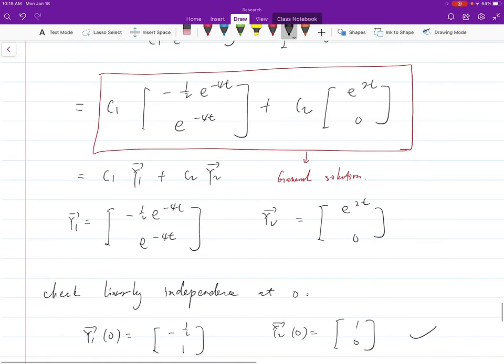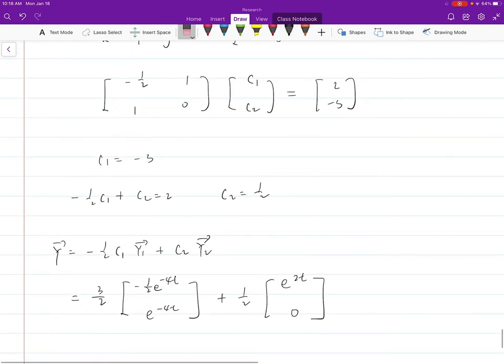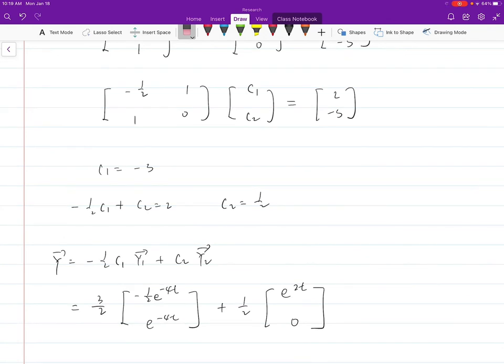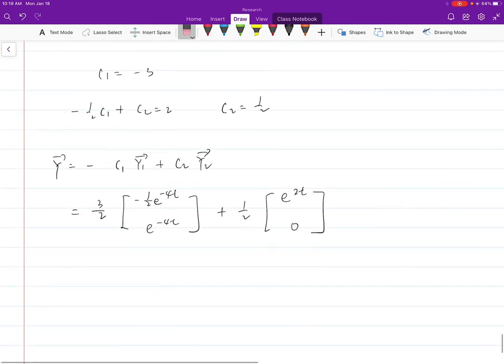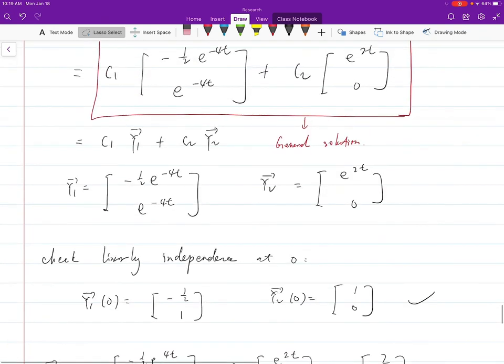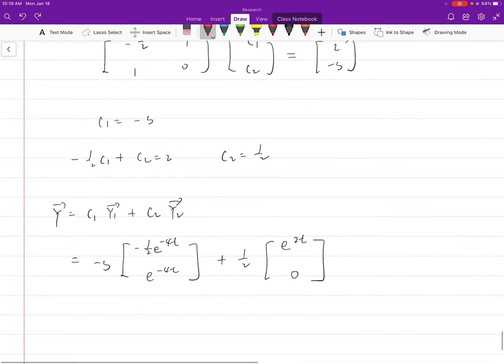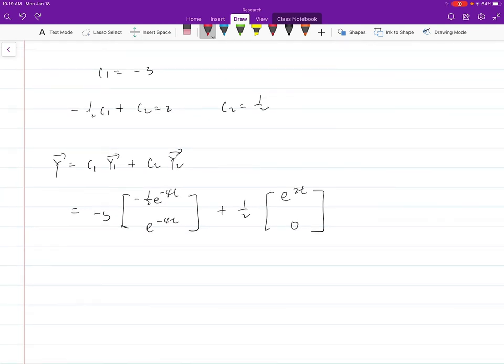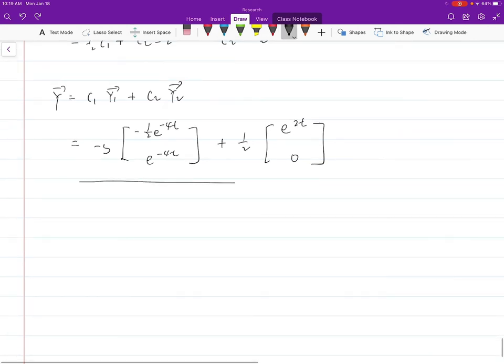Something is wrong. Oh yeah, there's no negative 1/2 there, that's why. Negative 1/2 is actually here. I mixed them. So we have this plus that. We finally have this negative 3 thing, plus 1/2 this. This will be the special solution for the initial value problem.